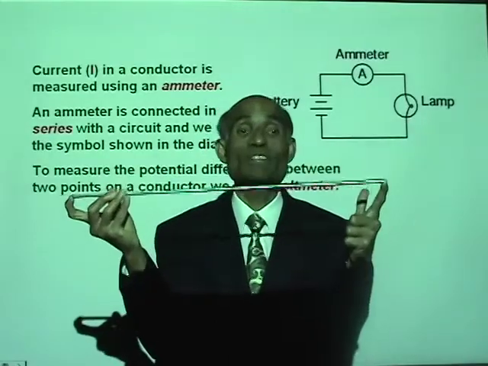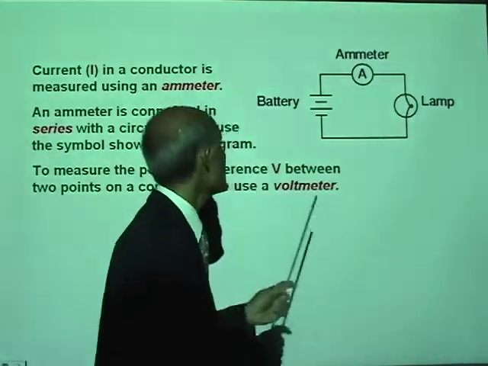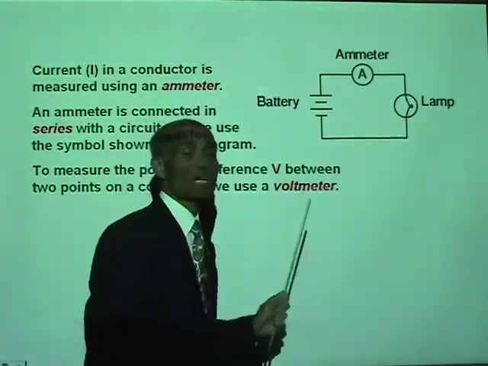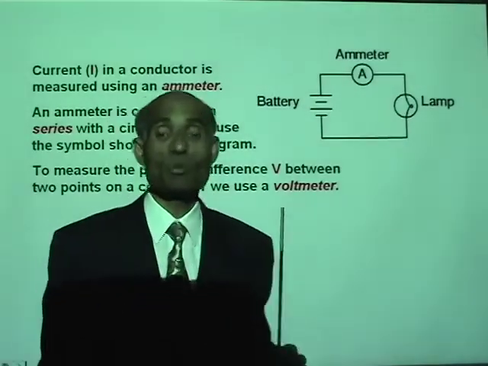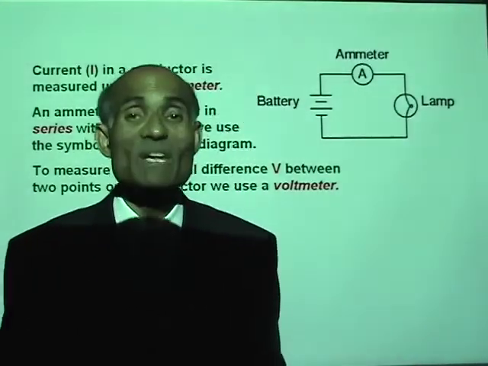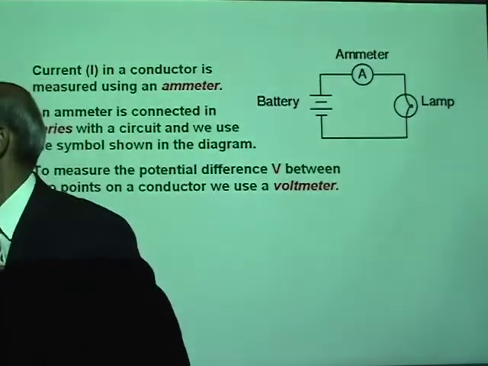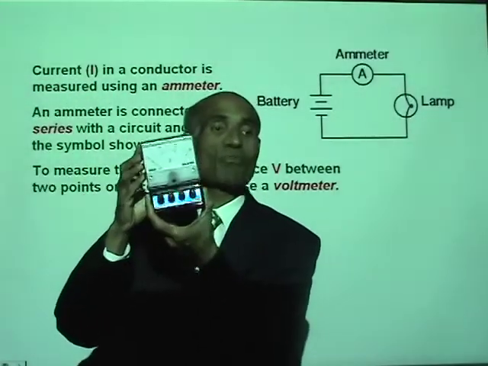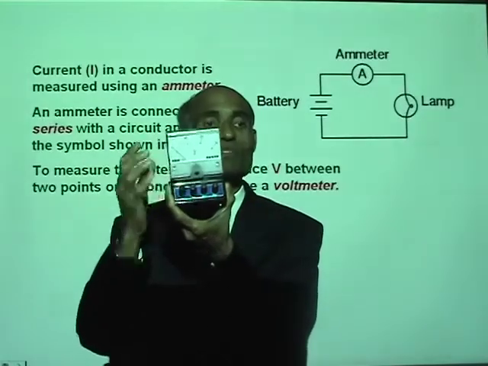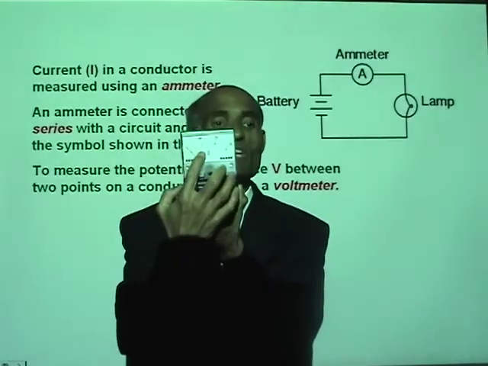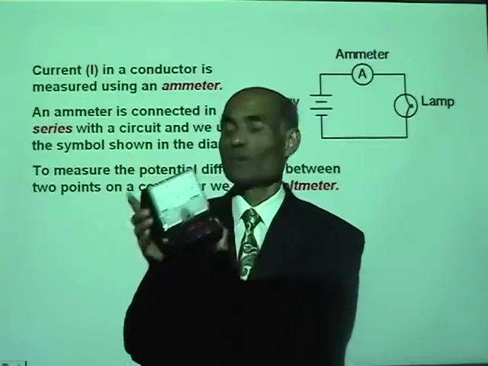So, you cannot connect a voltmeter. A voltmeter is used to measure potential difference between the ends of a conductor. And this, the one I showed you, is a voltmeter. It says V at the center there.